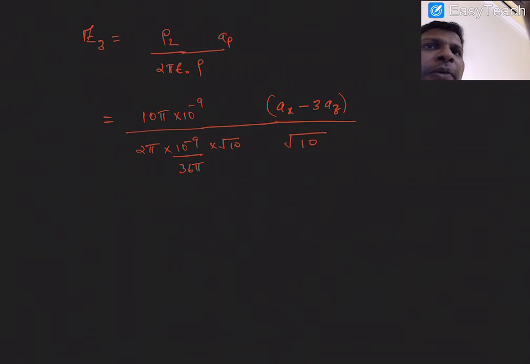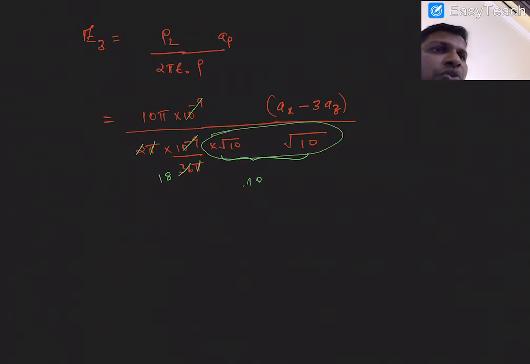Now I can cancel out some terms. Pi cancels, this becomes 18. Then if I multiply, this becomes 10.